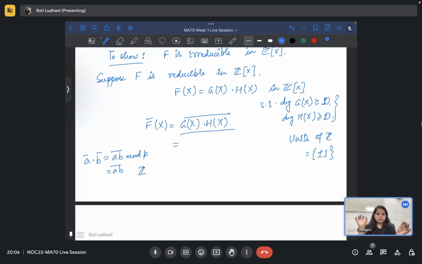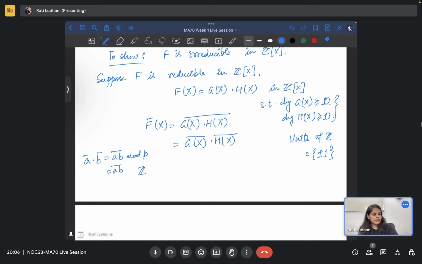So you take g(x), you take h(x), you multiply it, then you will get coefficients, and over coefficients it will split. So you will get something like a1 b1 bar, and then that can be split as a1 bar into b1 bar, and then you can really get here g(x) bar into h(x) bar.